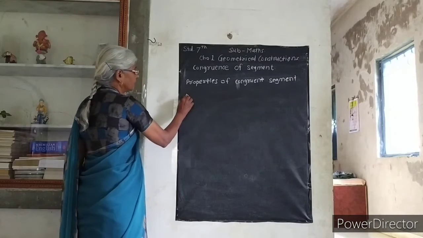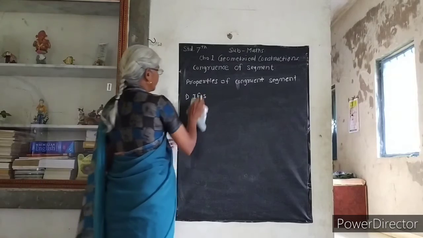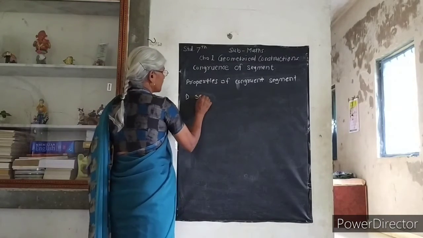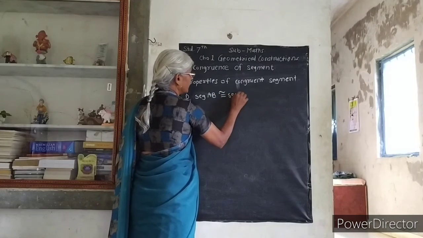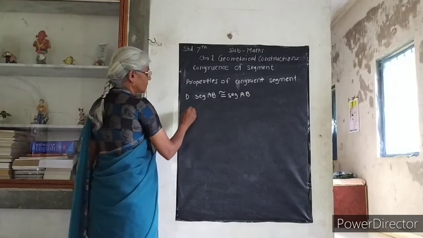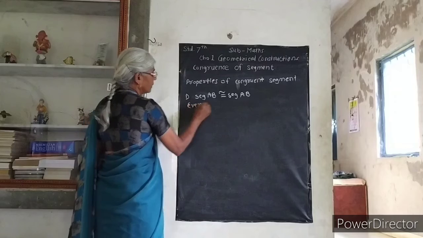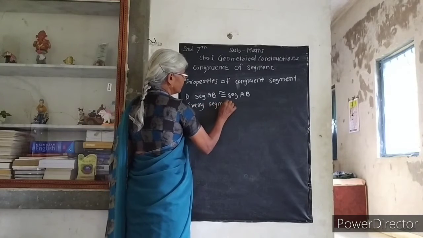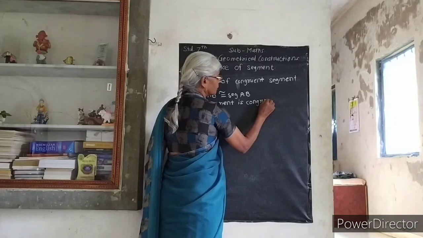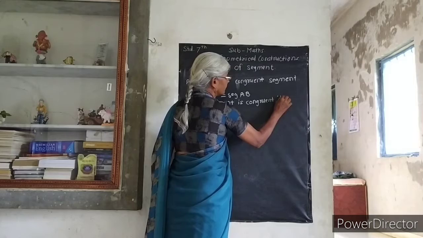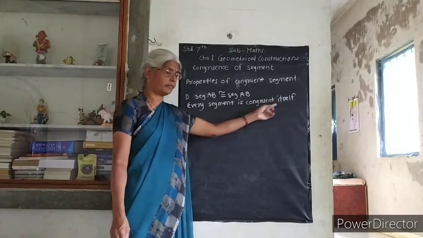The first property: segment AB is congruent with segment AB, means every segment is congruent to itself.